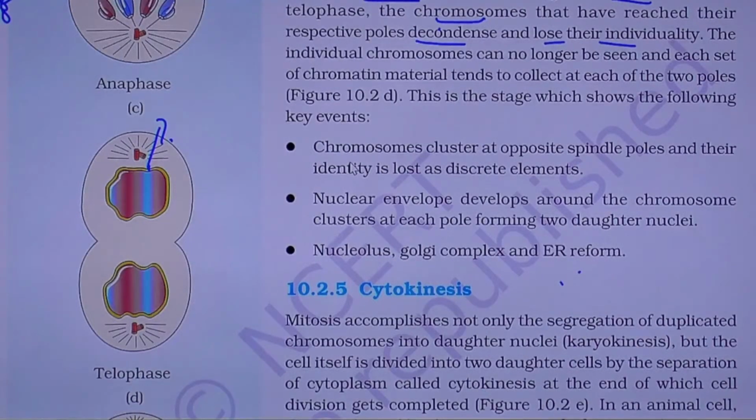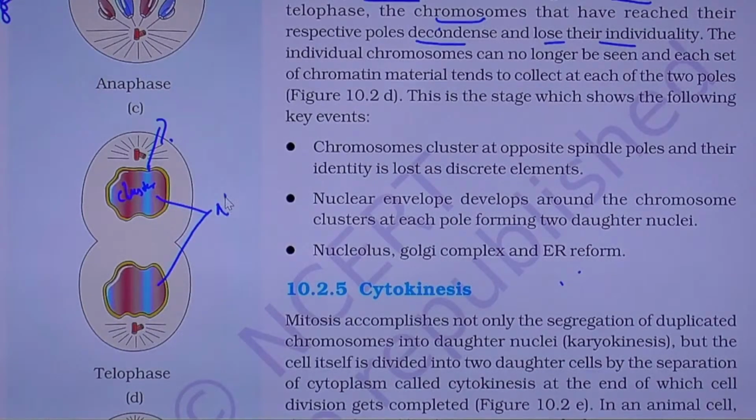The first event is chromosomes cluster at opposite spindle poles and lose their identity as discrete elements. Here it is saying that chromosomes will be clustered. These chromosomes form a cluster. This is the nuclei.